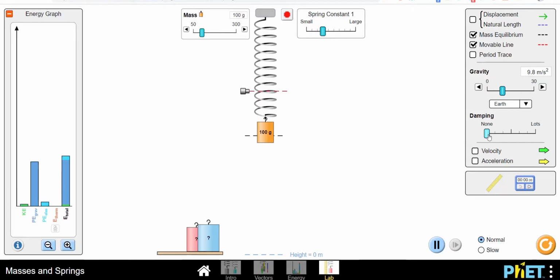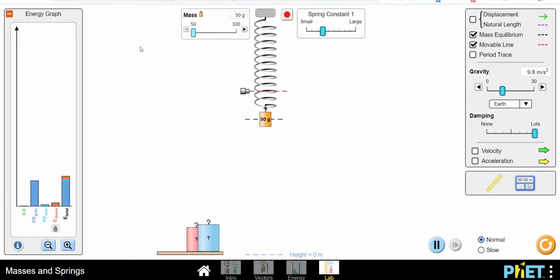That means when you have a mass and it comes to rest, it will come to rest about this line. Now if I set the damping to a lot of damping, you see this mass has come to rest, and this is your reference line. All the measurements have to be done from this reference line. Let's start with the zero mass.